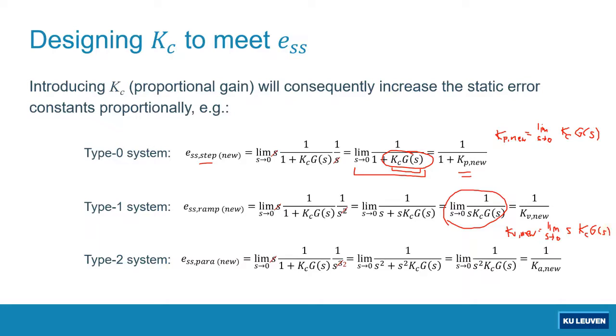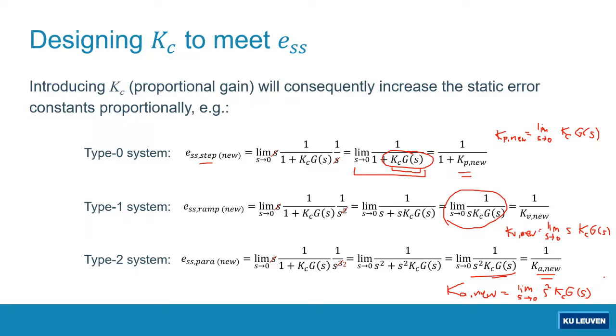For a type 2 system, of course, we can take the same story. My new Ka now is also equal to limit s to 0 of s squared Kc times G(s).